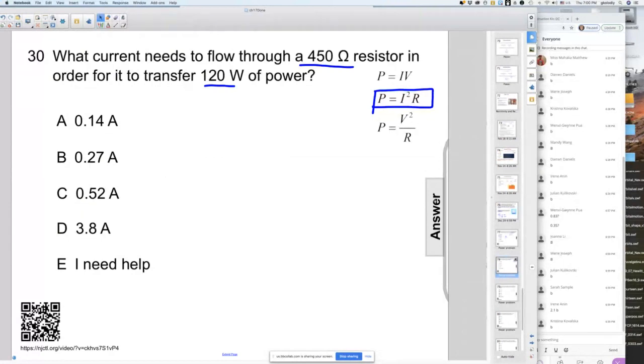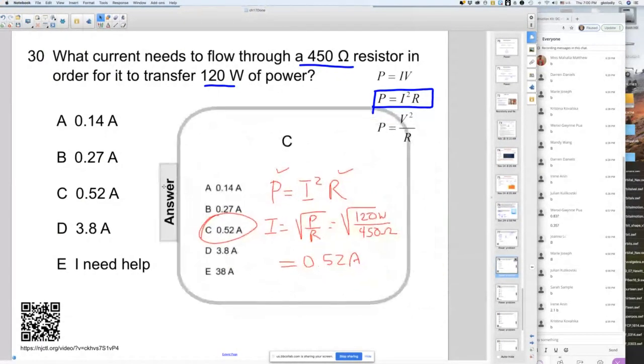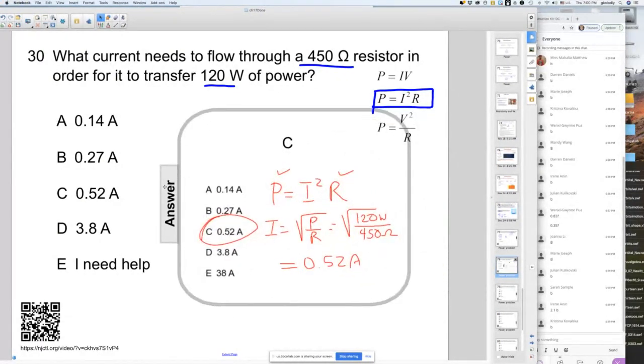So here basically is the calculation. Solving for current, since it's current squared, you have to take the square root of P over R. That's 120 over 450, gives you 0.52 amps.